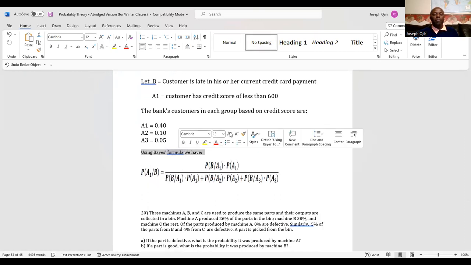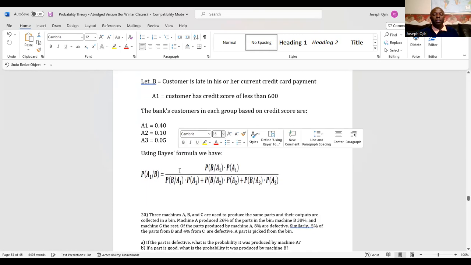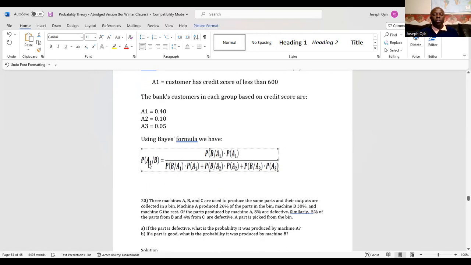So using the Bayes formula, the probability that the customer has a credit score of less than 600, given that he's late with payment, which is B, is the probability of B given A1 times the probability of A1, divided by the probability of B given A1 times the probability of A1, plus.